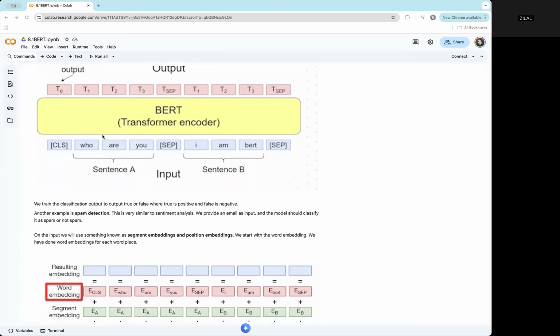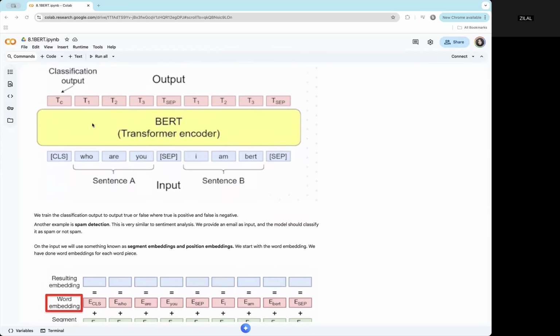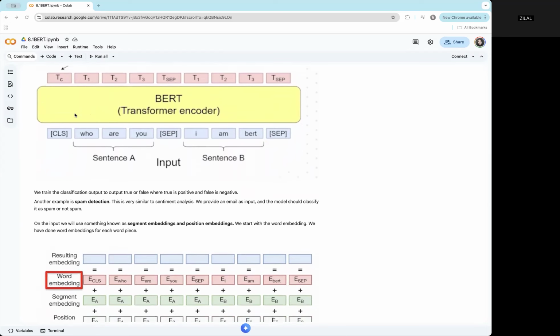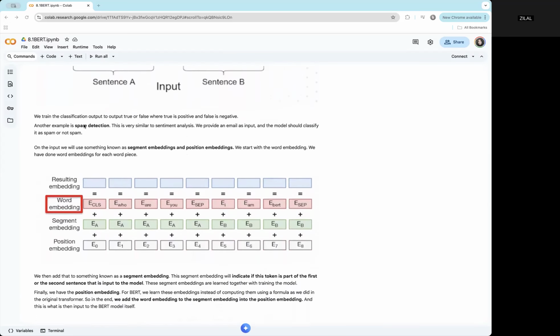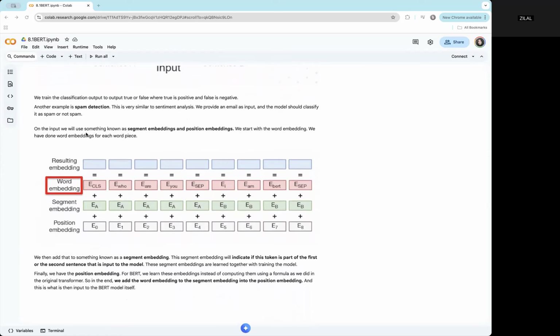We train the classification output to output true or false, where true is positive and false is negative. Another example is spam detection. This is very similar to sentiment analysis. We provide an email as input, and the model should classify it as spam or not spam.